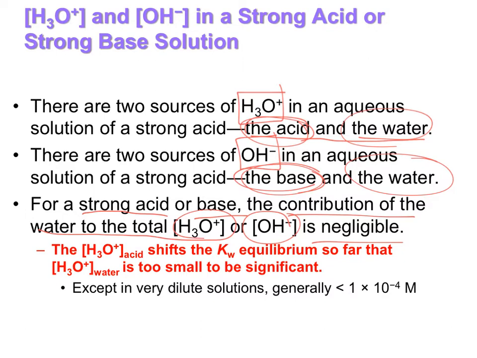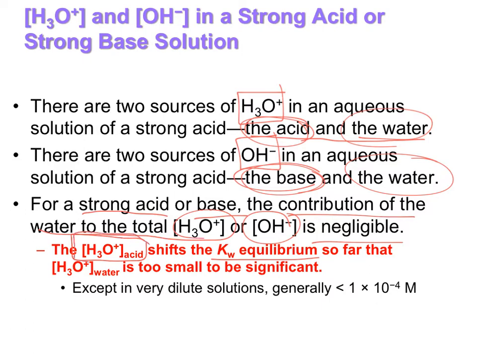This is the case because for strong acids, you have so much hydronium being produced that it shifts the Kw equilibrium. Kw has to do with water and the concentrations of hydronium and hydroxide in it.